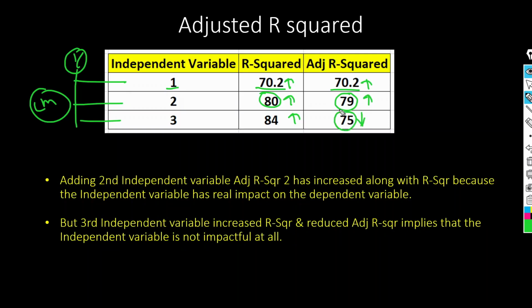It means due to this variable, our adjusted R square decreases. So we can say that the third independent variable is not impactful at all. It is not showing any proper significance to get the prediction, right? So we can remove this third variable because it is not showing any proper significance to get the best fit line or the prediction value.